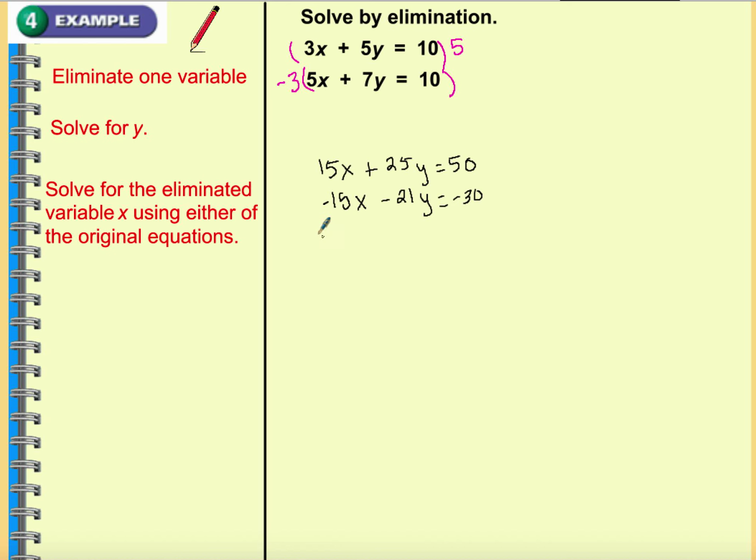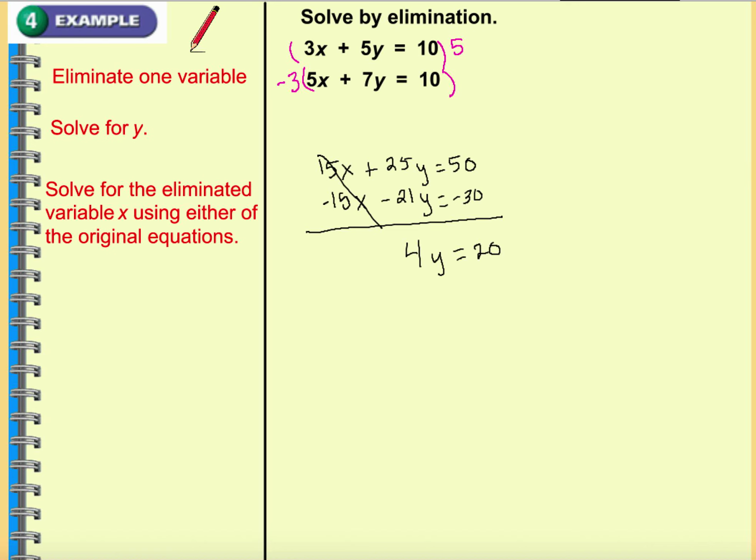Okay, so I can see it now, can you? Because now we've got the 15x and -15x, which is going to make a 0. That means that x has been eliminated. And we've got 25y minus 21y, which is 4y. Then 50 minus 30 is 20.